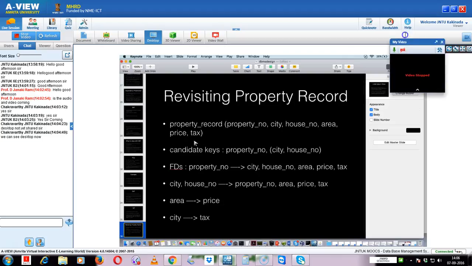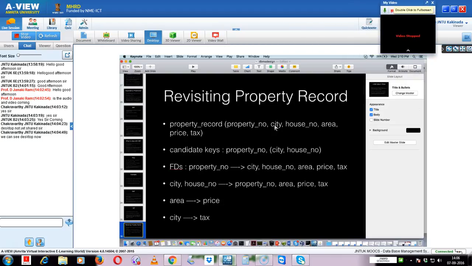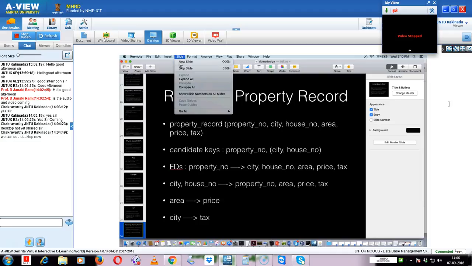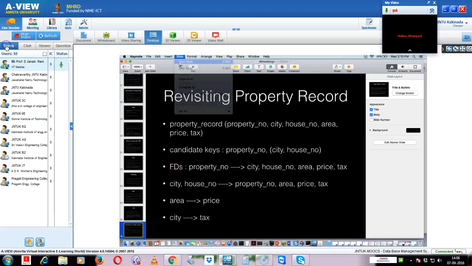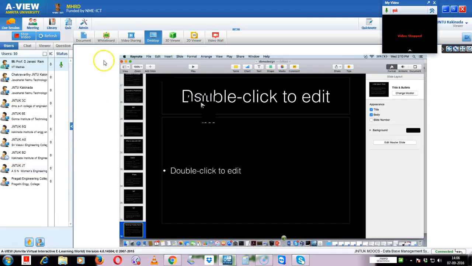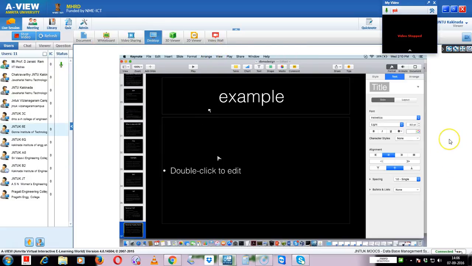There are two candidate keys to identify this property record. One is the property number, which is going to be unique, so every property is identified uniquely. For example, here is a property record with some unique 4-digit number.